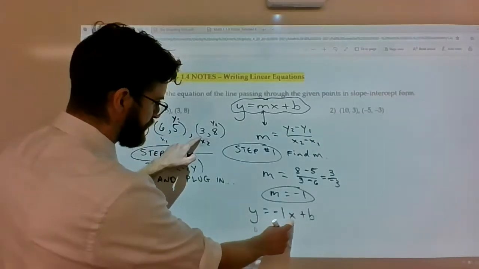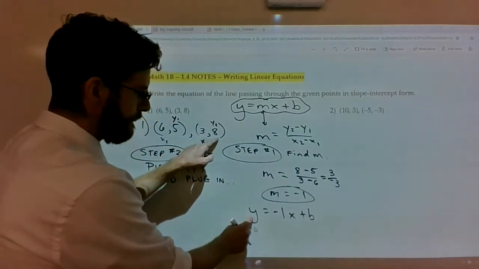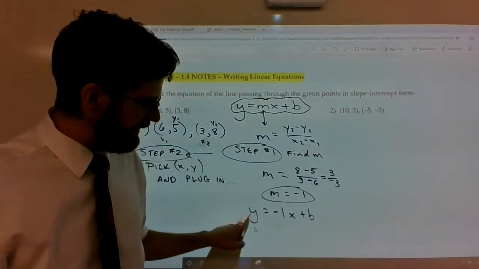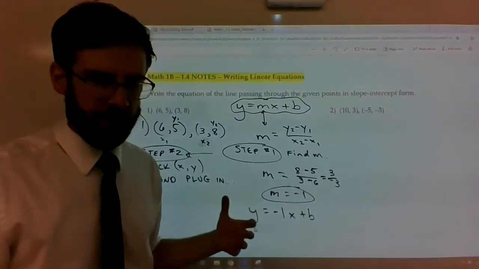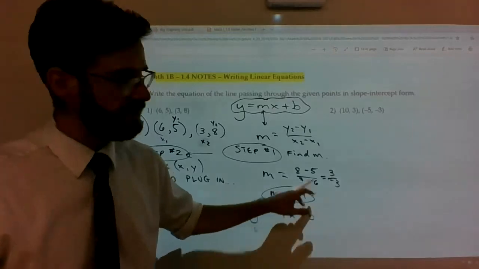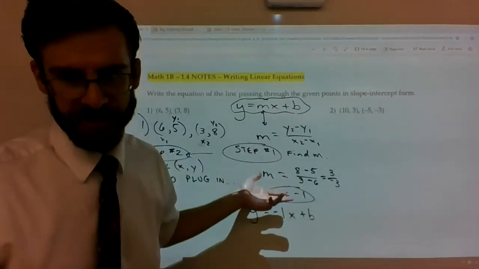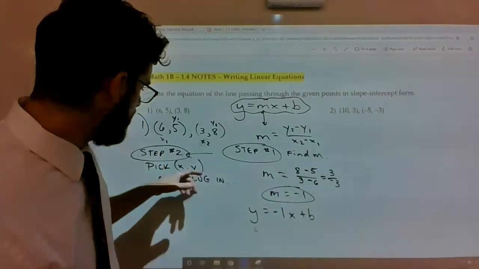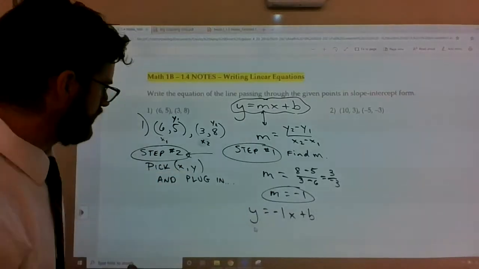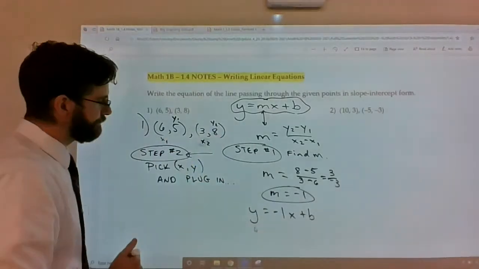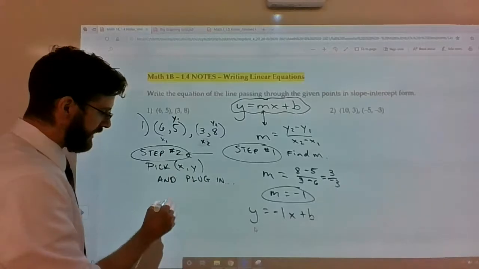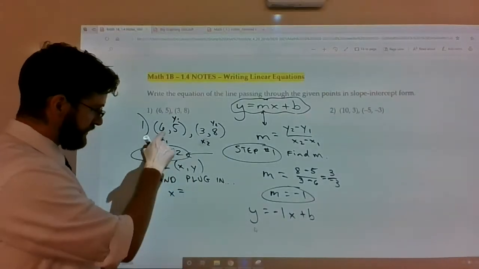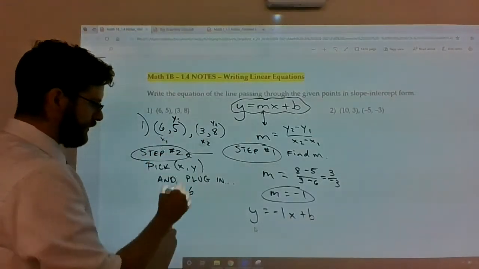Or when x equals 3, y has to equal 8. If we plug into x and into y, then we have enough information to actually get b by itself, which is sort of like a key part of finding an equation of a line every single time. So when I say pick x, y, and plug in, that just means pick a point. Either one looks okay, so I'm going to pick x equals 6 and y equals 5.